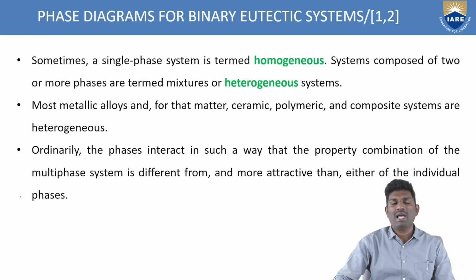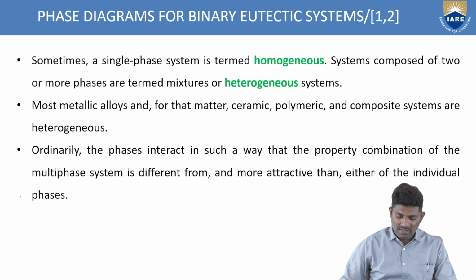Single phases will have fewer properties when compared with heterogeneous materials, because heterogeneous materials have multiple constituents with multiple properties. Strength-wise, the mechanical properties will be very good when compared with single-type homogeneous materials.